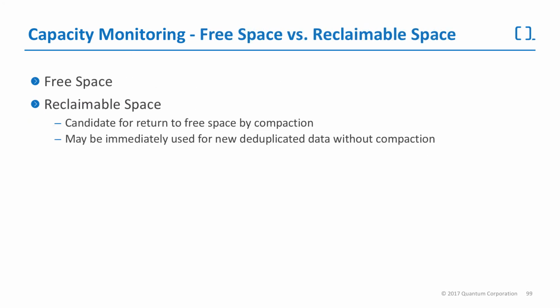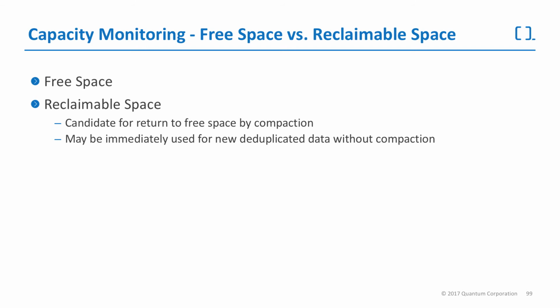When monitoring your capacity, there are two types of space: free space and reclaimable space. Free space is disk space that has never been used or reclaimable space that has been compacted. Free space can be used for deduplicated or non-deduplicated data. Reclaimable space is previously used disk space but no longer referenced by a tag.